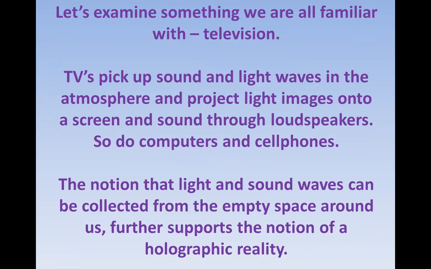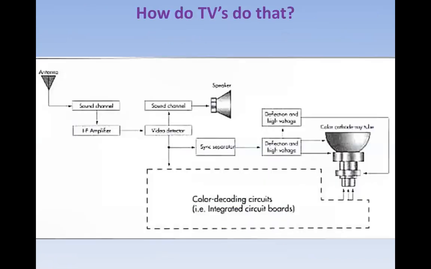TVs pick up sound and light waves in the atmosphere and project light images onto a screen and sound through loudspeakers. So do computers and cell phones. The notion that light and sound waves can be collected from the empty space around us further supports the notion of a holographic reality. How do TVs do that?